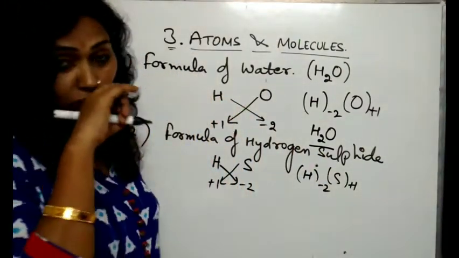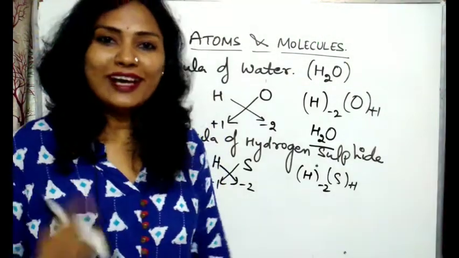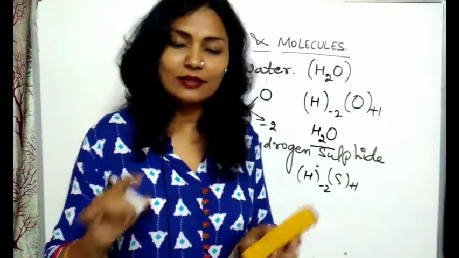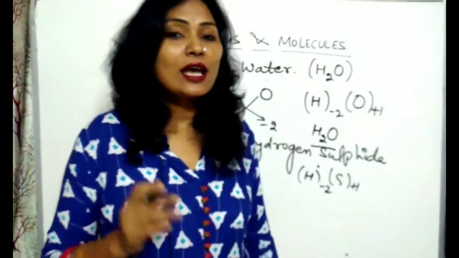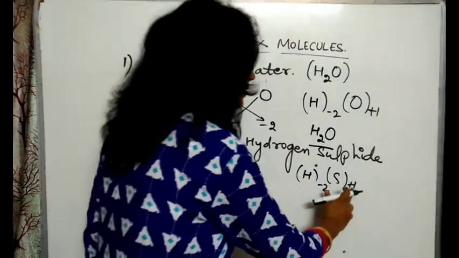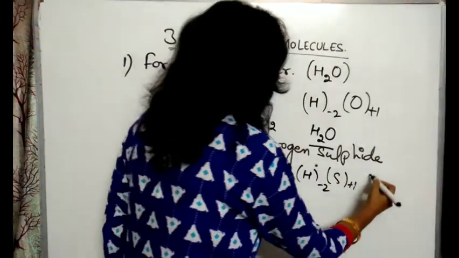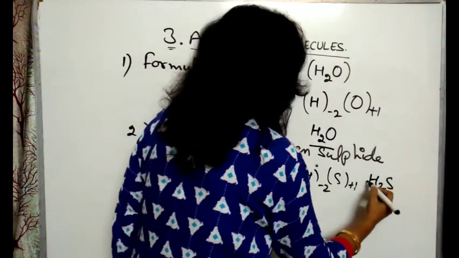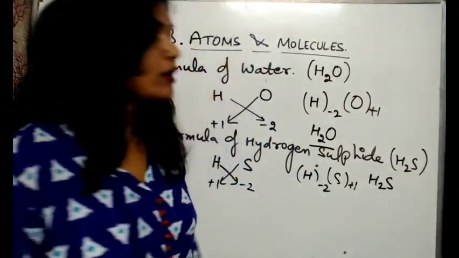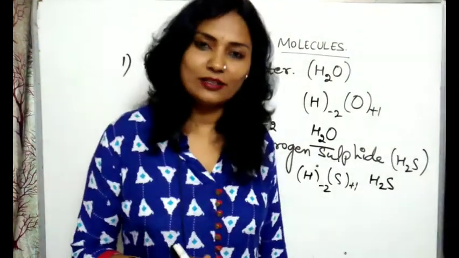Third step, what I told you: ignore the signs, whether minus or plus, and lastly ignore the 1 also. If 1 is present, ignore it and write the formula H2S.